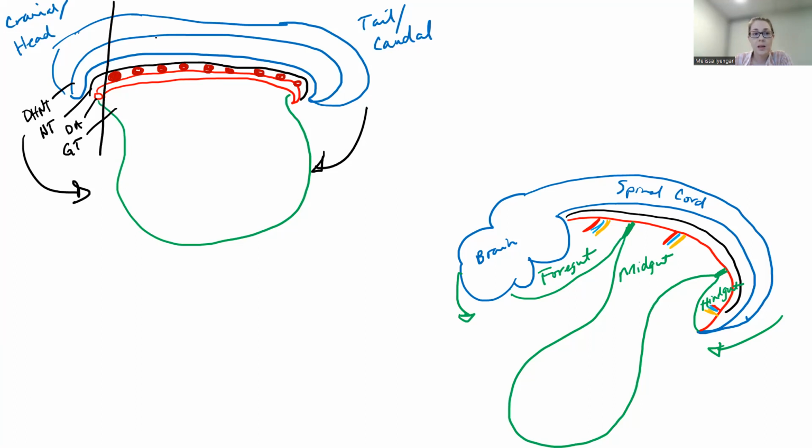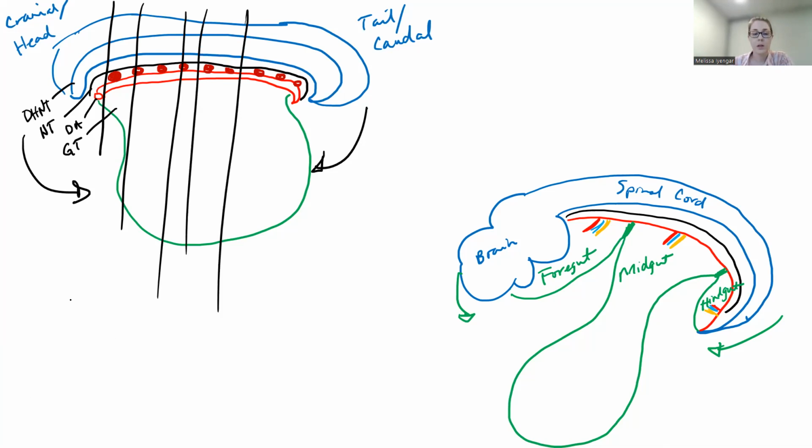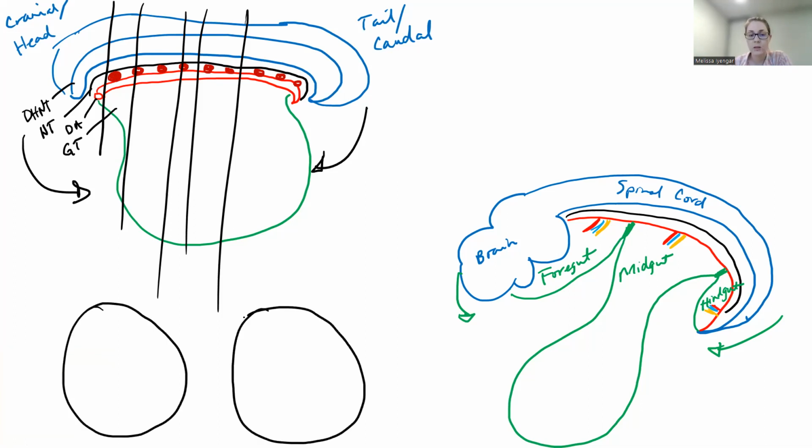What this does is if we take sections through our embryo at different parts, when we look at this on a chicken or draw our cross sections, and let's say we draw that cross section and that cross section, you're always going to see dorsal hollow nerve tube, dorsal hollow nerve tube, notochord, notochord.